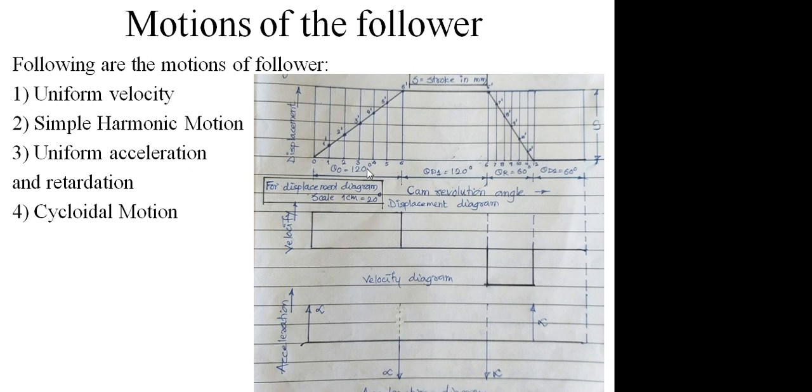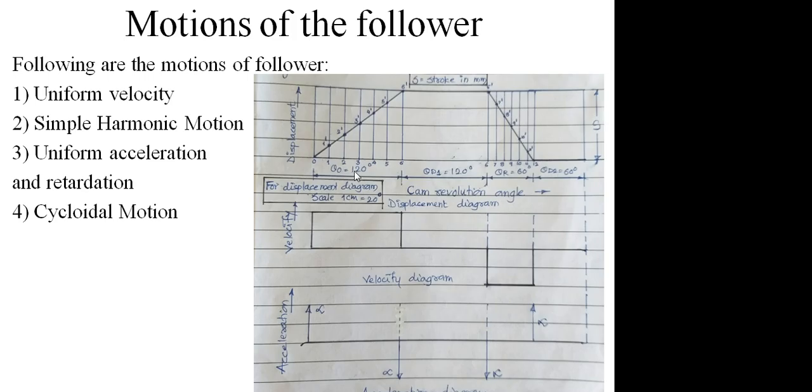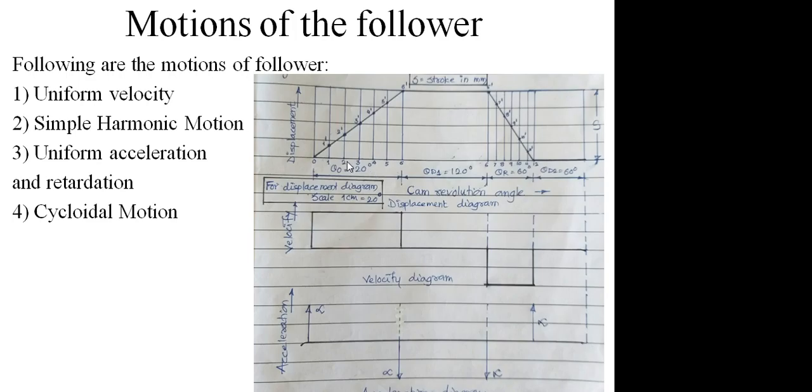Now assume that during the 120-degree rotation of cam the follower moves in upward direction. During the 120-degree rotation of cam the follower will move from its bottommost position to topmost position. That is the outstroke of the follower. So the outstroke of the follower is given here for 120-degree rotation of cam.